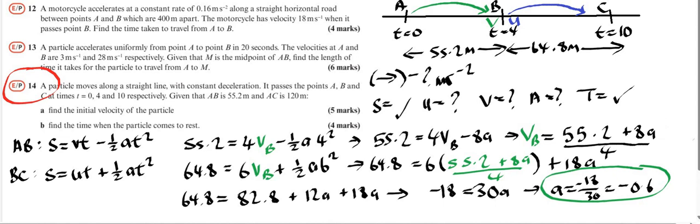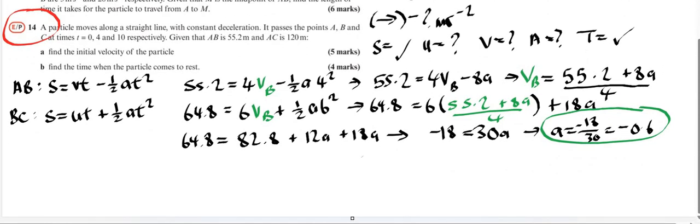Now that I've got acceleration, I can use one of my other formulas, like s equals ut plus half at squared for AB.